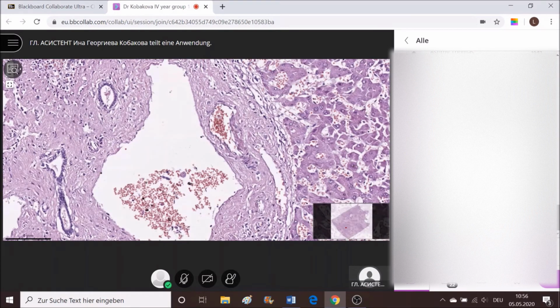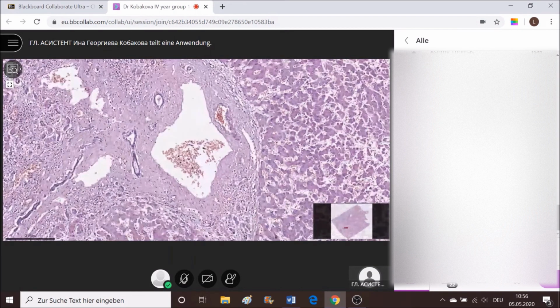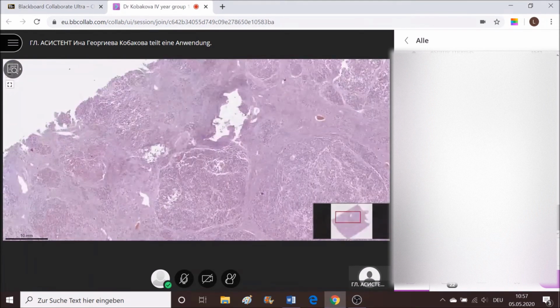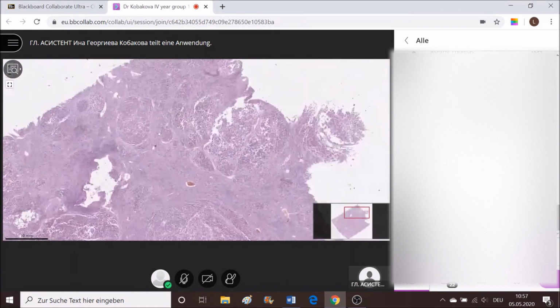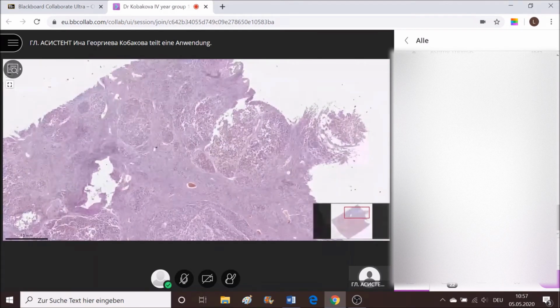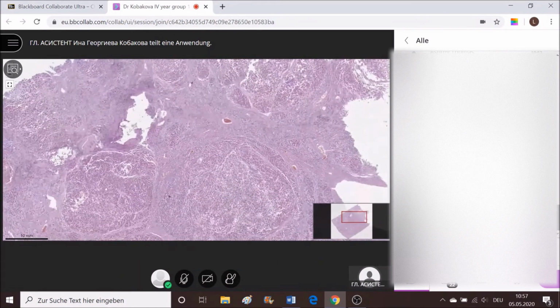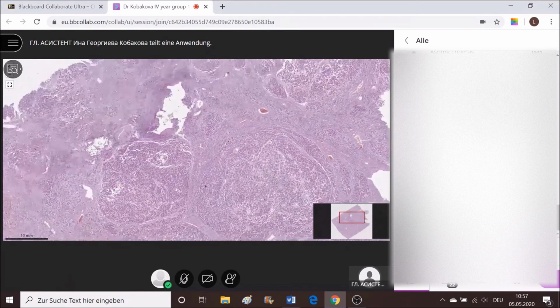Do you have any other questions about the slide? You should be able to say how many types of cirrhosis you know. You should mention micro and macronodular cirrhosis. You should also mention the complications of this process. You can mention tumor formation.